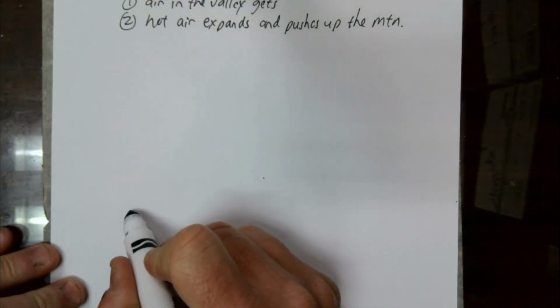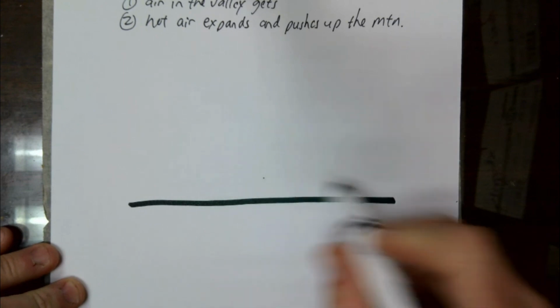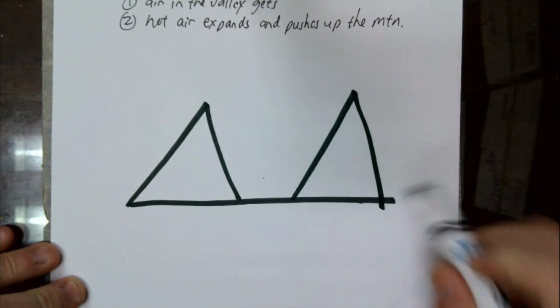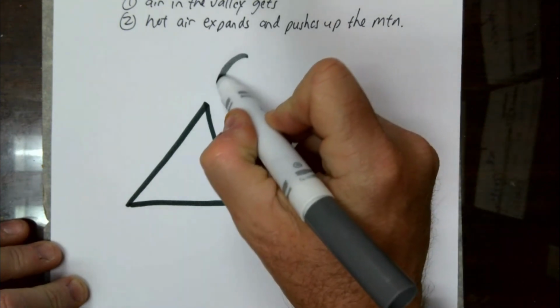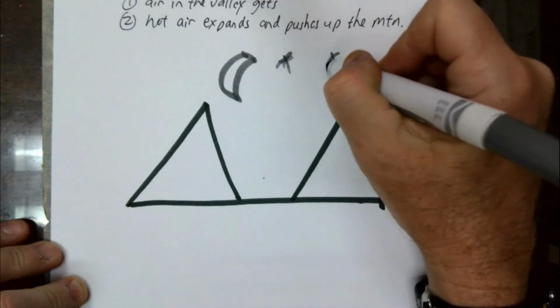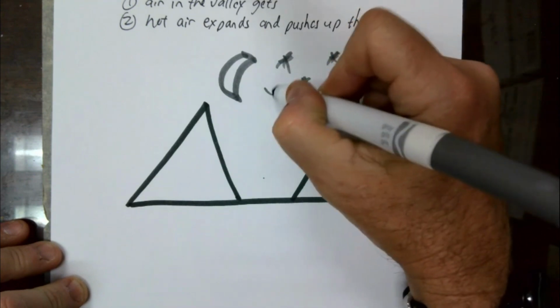We'll slide this up, and we'll draw the same valley and mountain, but now we'll make it nighttime. Here's the moon and the stars are out.